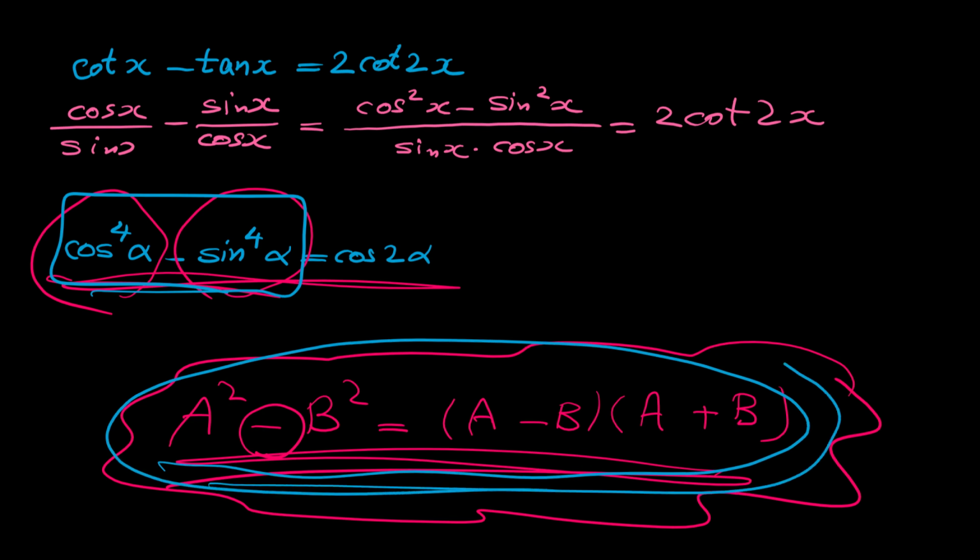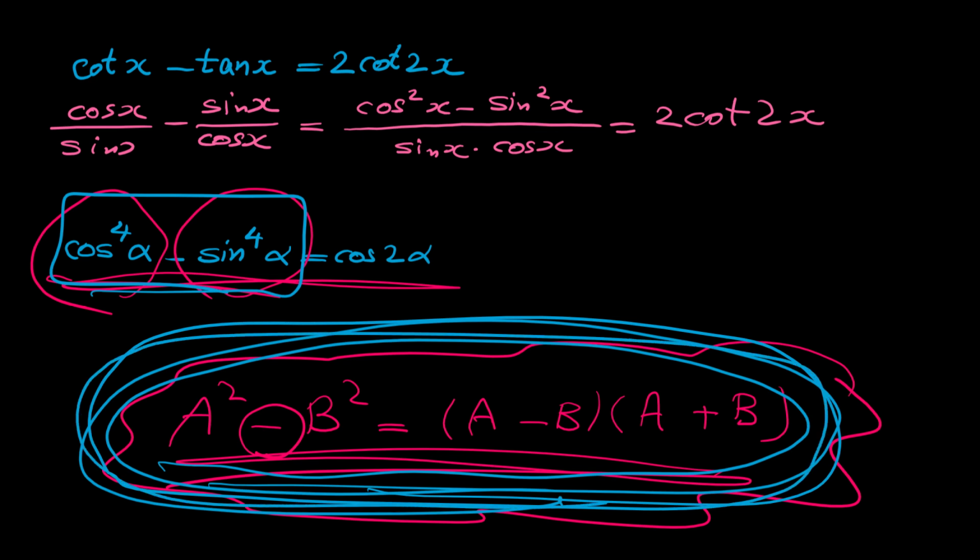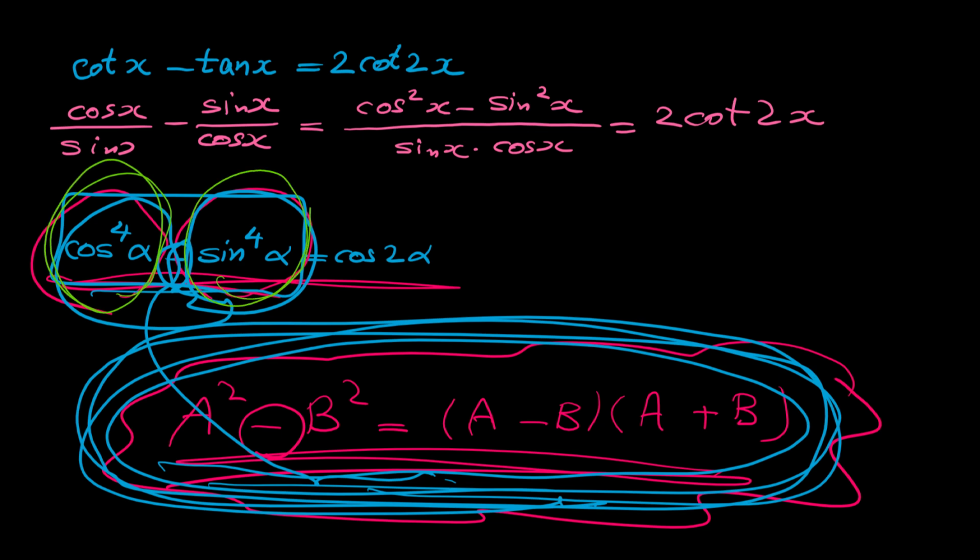You have memorized this, but it's different than learning this identity. Whenever we have two terms with a minus between them, and this is important, these terms are perfect squares, a to the 2, b to the 2, cosine to the 4, sine to the 4, then you have to remember this identity. A to the 2 minus b to the 2 is a minus b times a plus b.